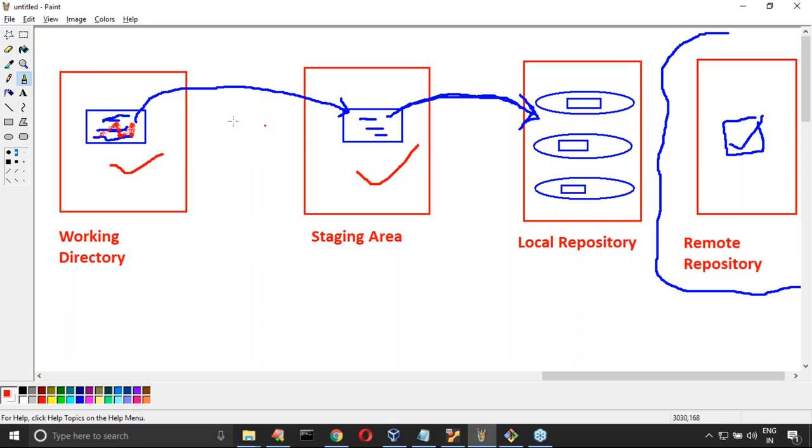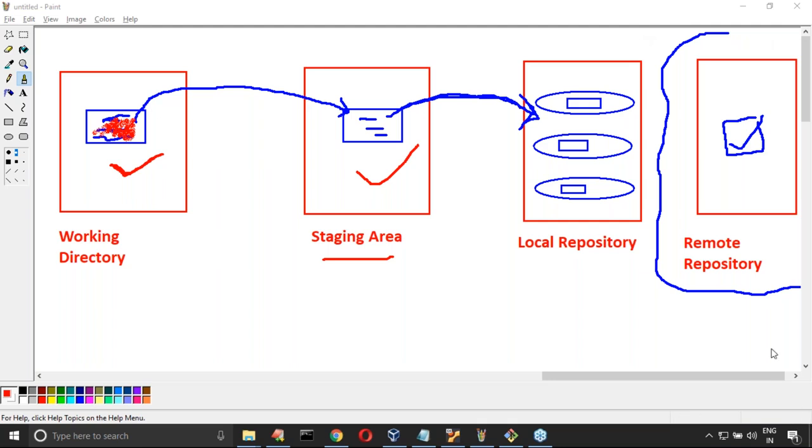I added some changes here, so the content of the working directory and the staging area is different, right?